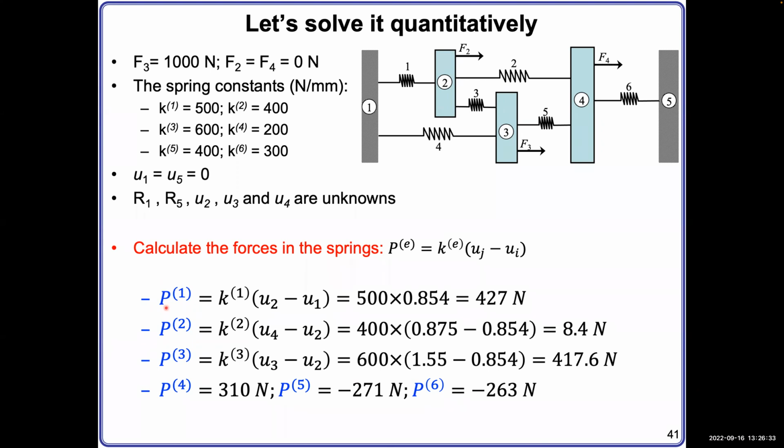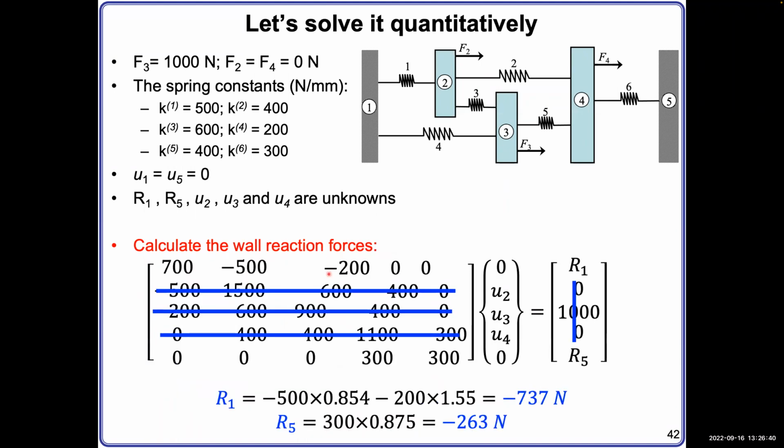Now we use those results and add them back into the equation. We have the previous equation. These 3 displacements we already know now, and these 3 forces we already know. We don't need that anymore, so you can strike that out. If you rule out these 3, the middle 3 columns in the stiffness matrix are not necessary anymore, so we remove them.